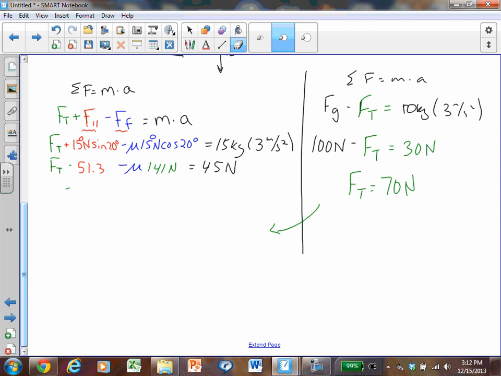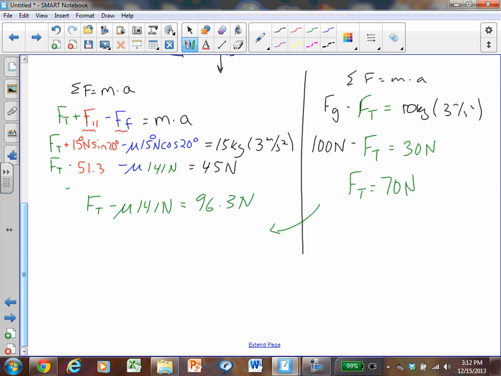And if we add the 51.3 over to the other side, we get 45 plus 51.3, which is 96.3 newtons. The good thing is I realized the mistake, but that's not always so easy. And then that gives 26.3 newtons.